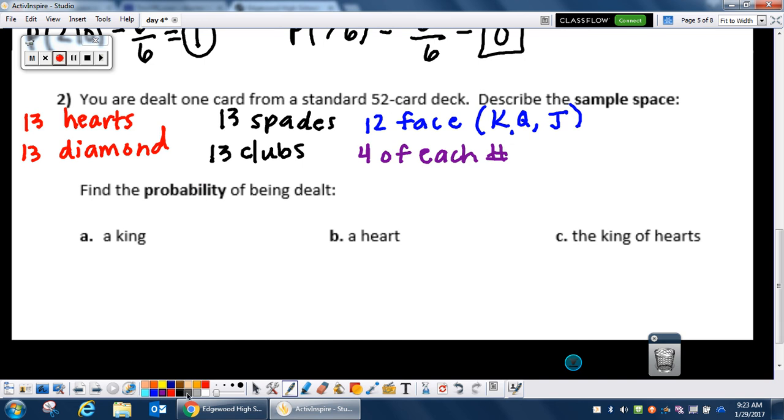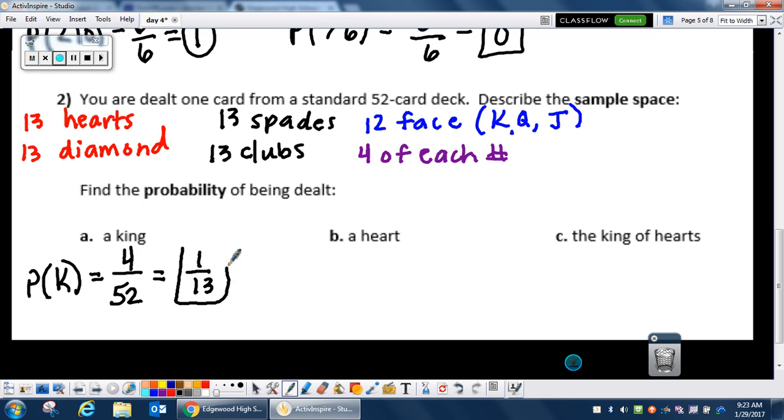So the probability of picking a king. There's 4 kings in the deck, so that would be 4 out of 52, which you would then simplify to 1 out of 13. Okay? The probability of a heart, so hopefully you wrote that down.